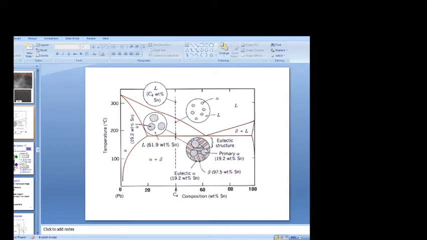As you can see, this is the alternate progression taking place, and that is how this alternation of the microstructure is developing.